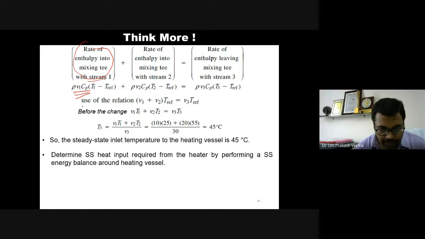What is density? Density is mass upon volume. Yes or no? So mass is represented in kg per meter cube.